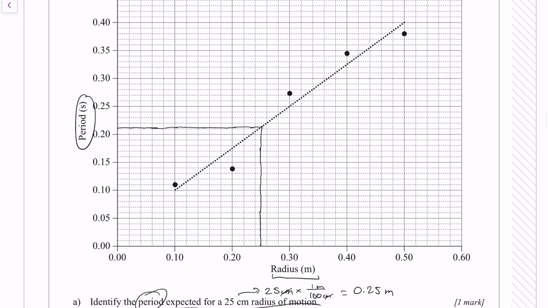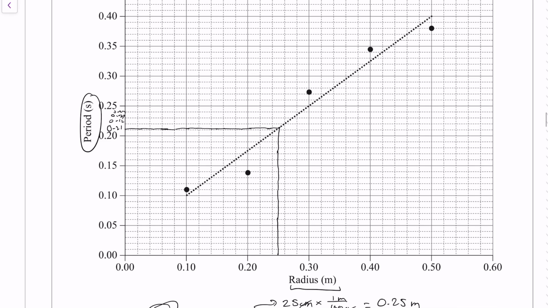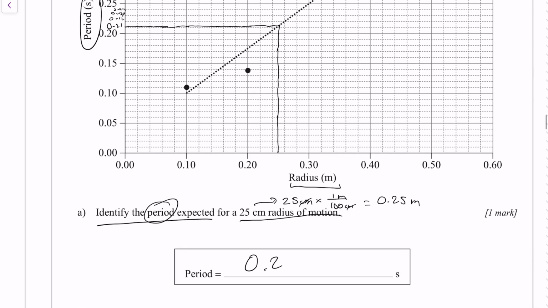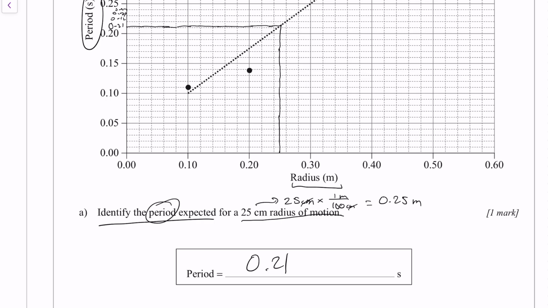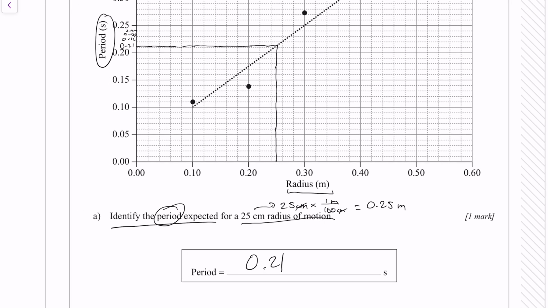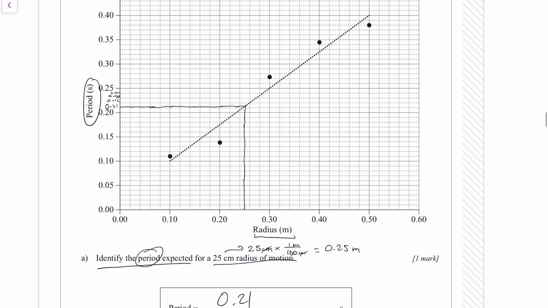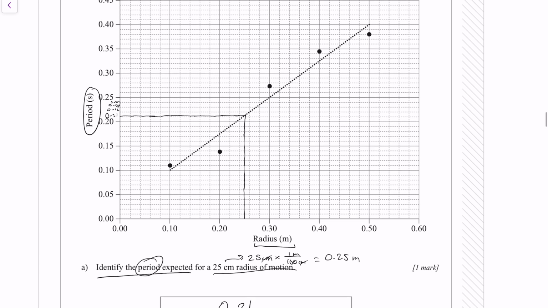The graph has 2 decimal places, so I just did that. Honestly, if it's 2 decimal places and I have my 0.21, 0.22, 0.23, 0.24 on my graph on the line, I'll just say 0.21. And then I don't need my units here because the box already has the units, but make sure you write that on the box. Okay, so yeah, just really make sure, don't risk losing marks.